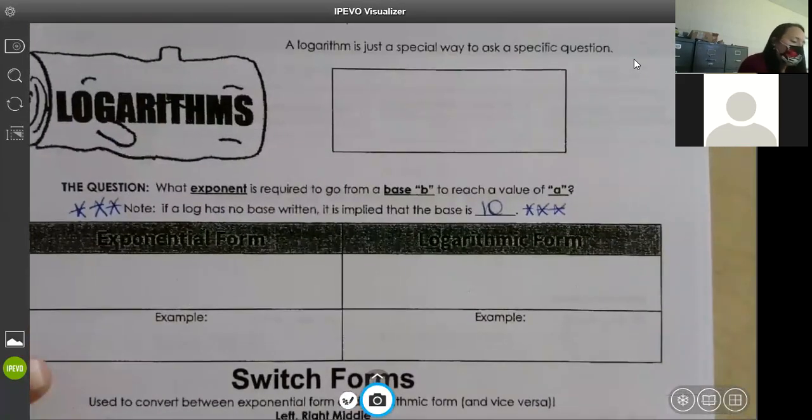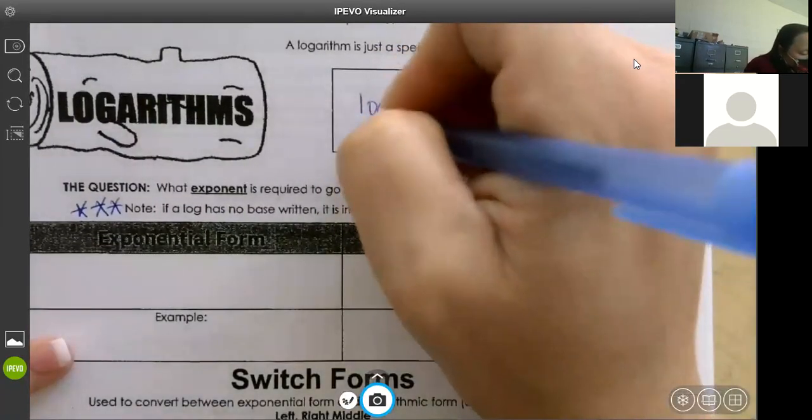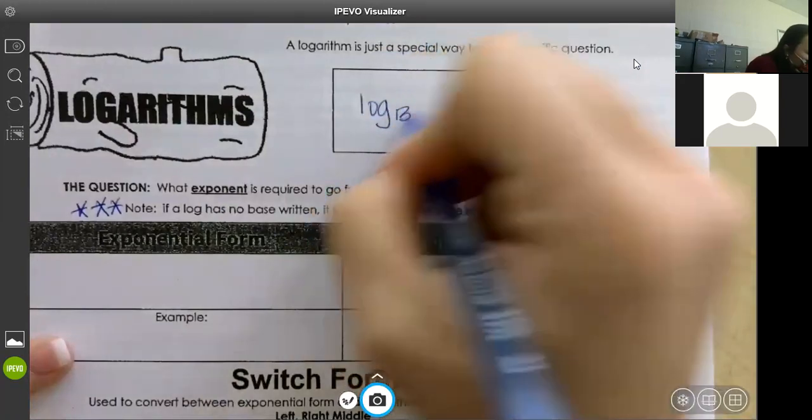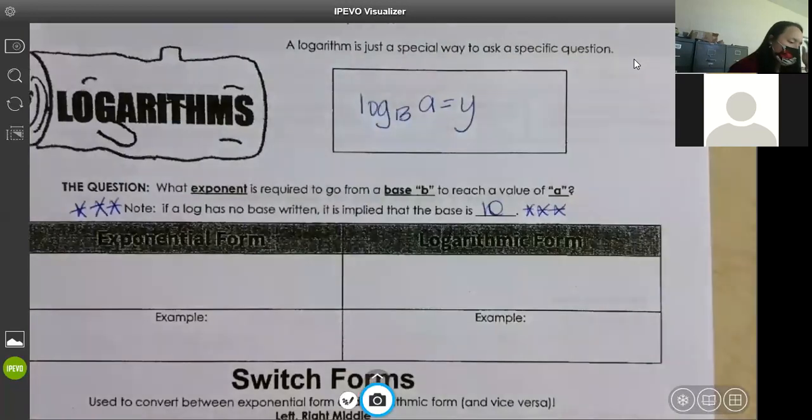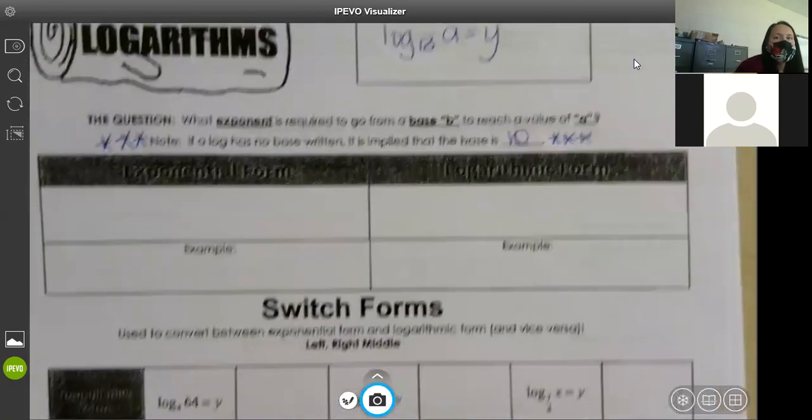So log form looks like this. It can be any of those letters or whatever. All right, so I'm going to show you exactly what it looks like in examples and then how to switch forms, and then we're going to talk about how to solve them by switching those forms.